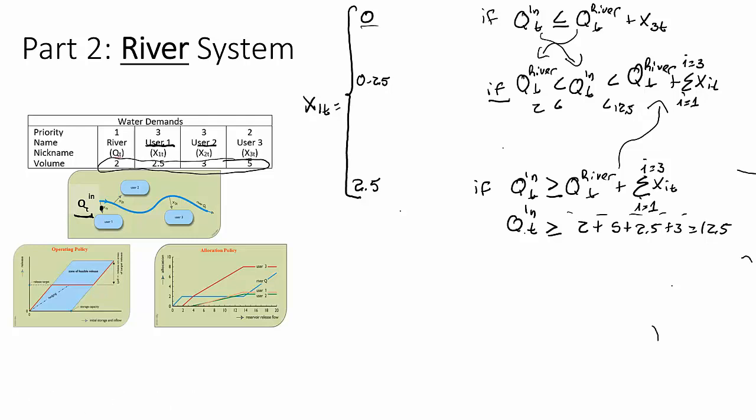In this case, the first thing that we need to know is that it will receive this Q in minus Q river plus X3.